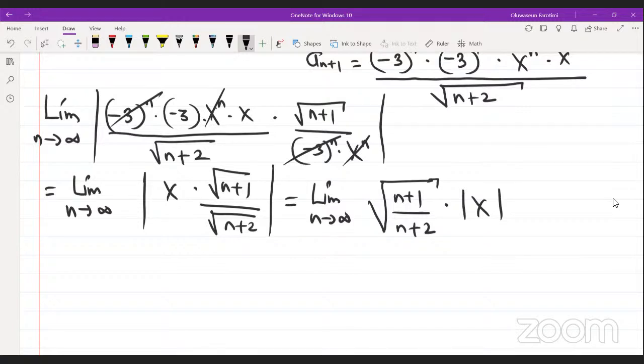Oh, I'm missing something, guys. Now we have a 3 there, right? So that is absolute value of, okay, let's put it here. Okay. So absolute value of -3 is just +3.